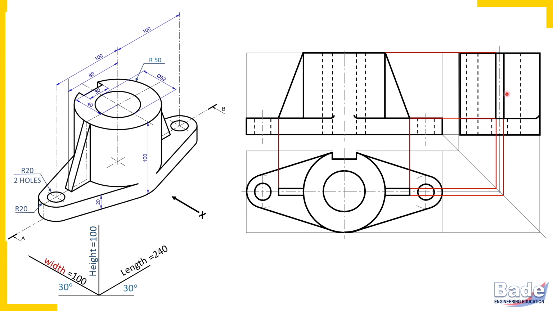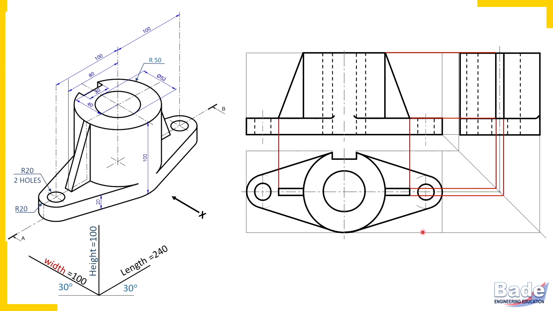But now listen to me very carefully. Either in the top view or in the side view, but it is not your choice. It is not your choice. You should show the cutting plane line in the view in which there are fewer hidden details. Listen once again.